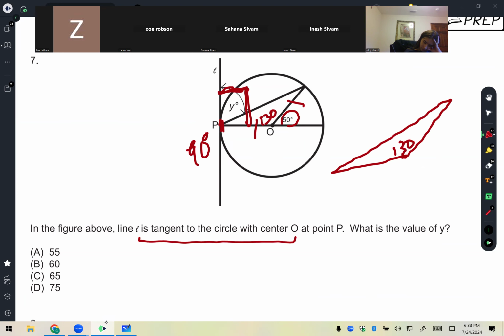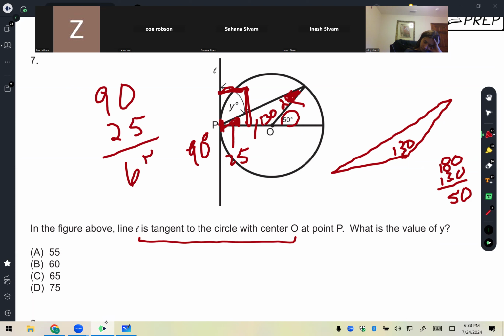That means the triangle's 180, which we'll do next week. So that means that each of these angles is going to be 25. Each of these little guys. So then 90 minus 25. And if you didn't know that the tangent was perpendicular, you'd be sort of lost there.